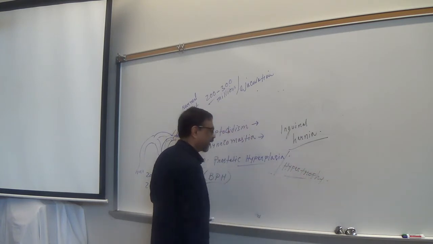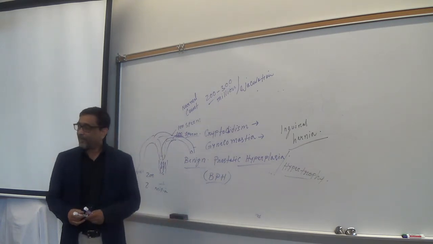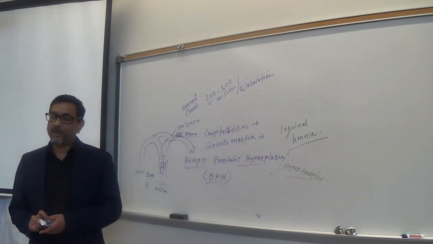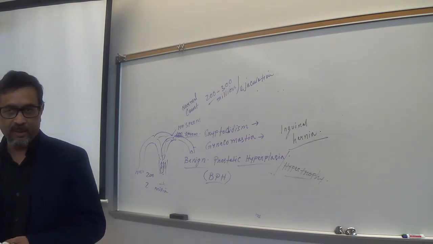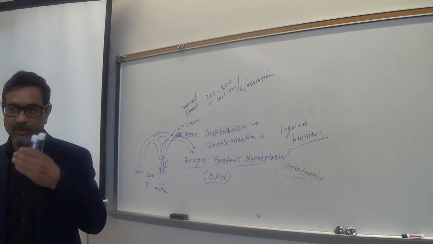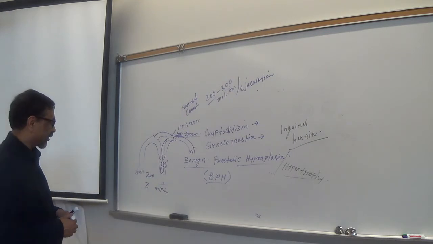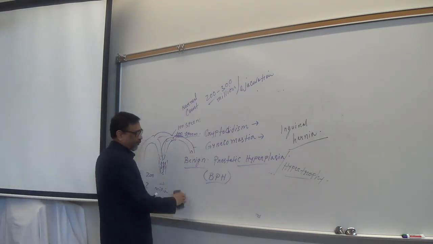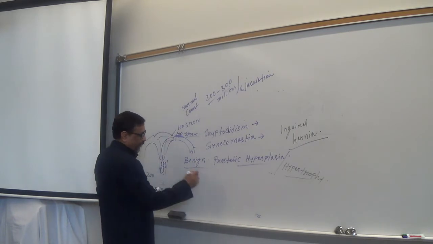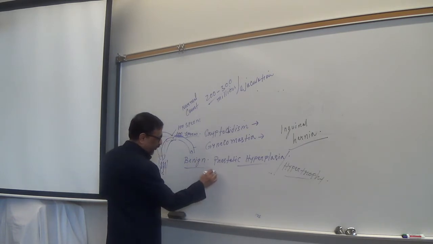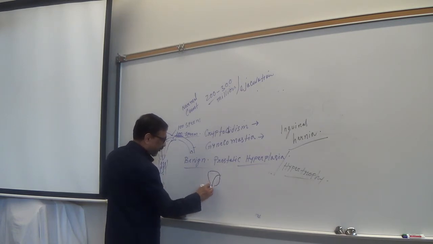Okay. Now the problem is, it can also occur due to infection or tumor or cell division, an increased number of cells in the wall of the prostate. Now, this is the prostate, and your urethra passes through the prostate.